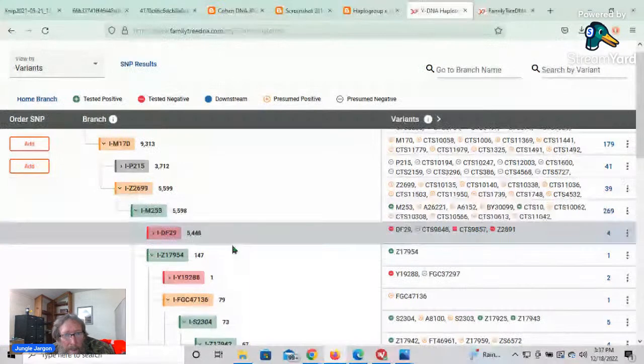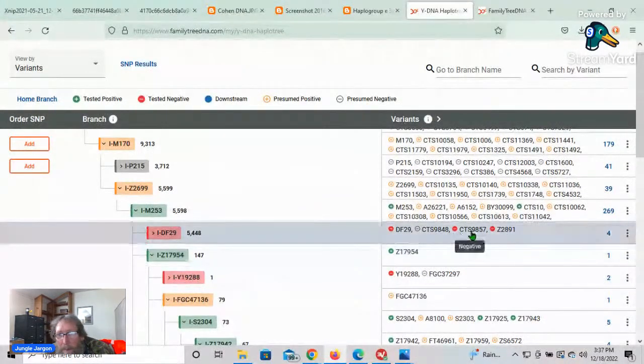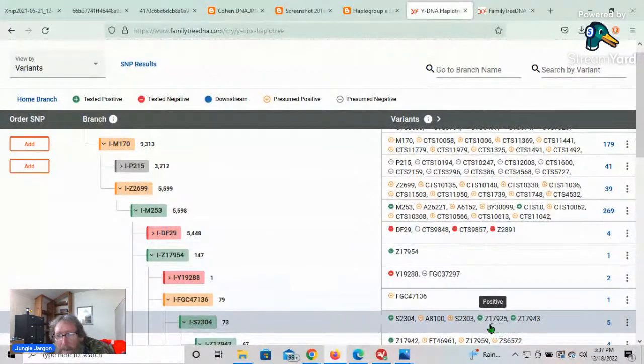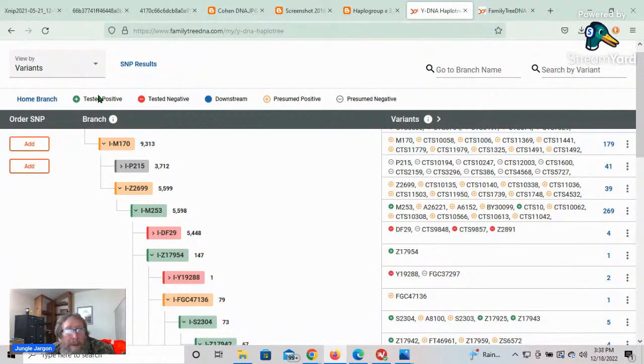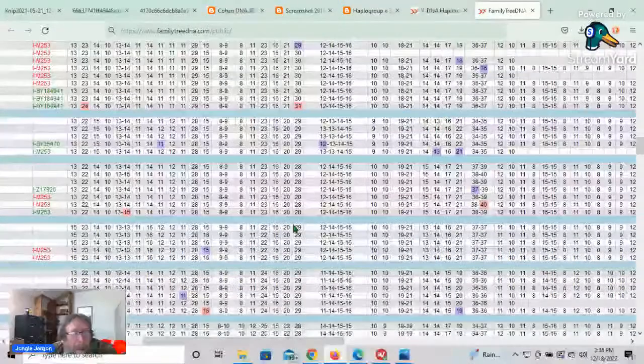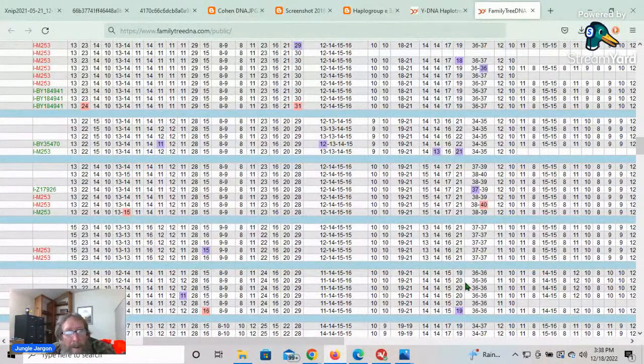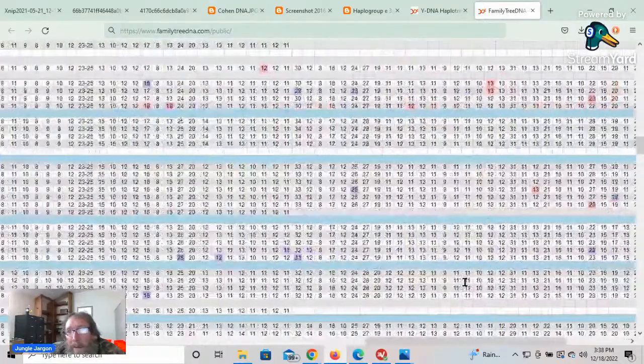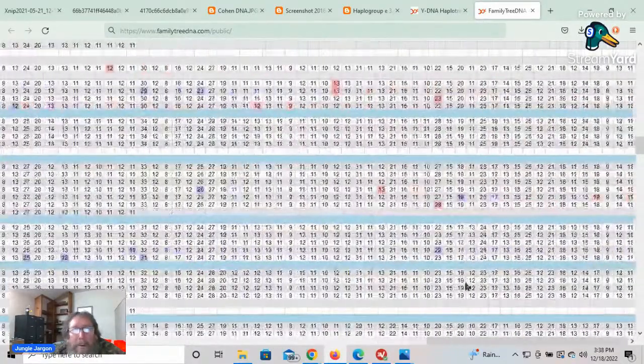Because if you go here, this green here for me is Z179.25, which is positive for my ancestry. I am M253, and the STRs. These are the STRs.